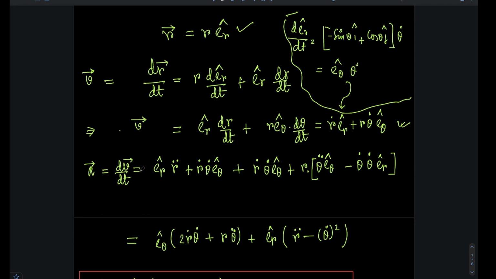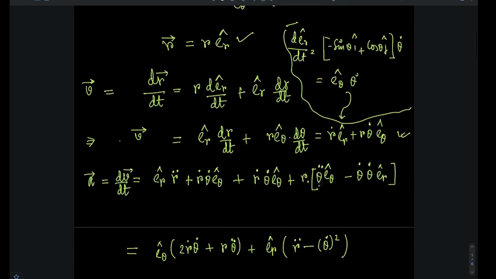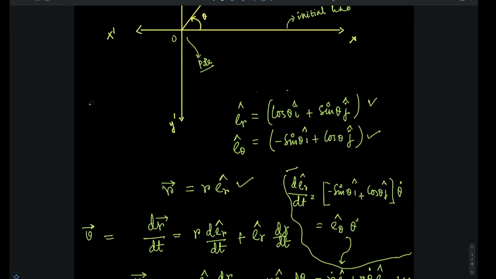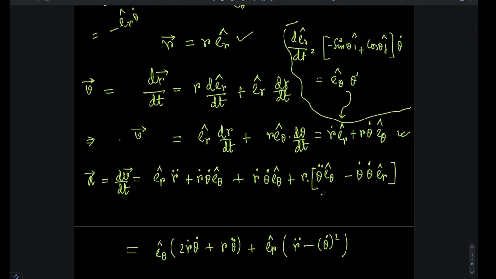Acceleration is dv/dt, and it is a simple calculation, but you should know that d e_theta cap/dt equals minus cos theta i cap minus sin theta j cap, times theta dot, and that equals minus e_r cap times theta dot. This result is used here.